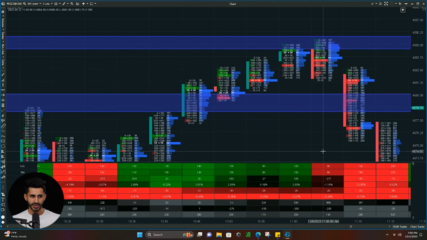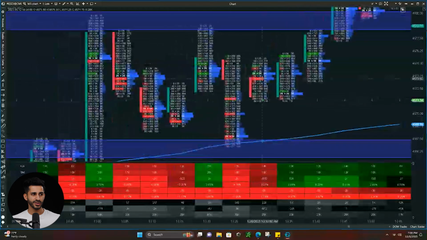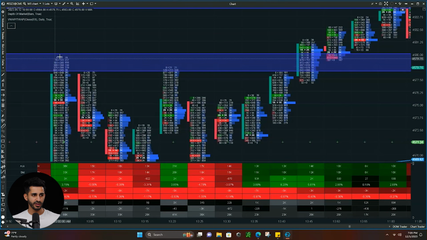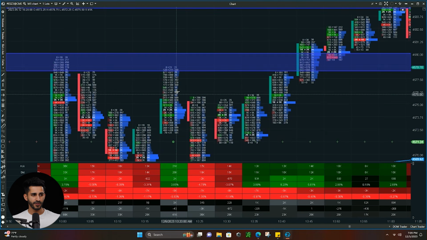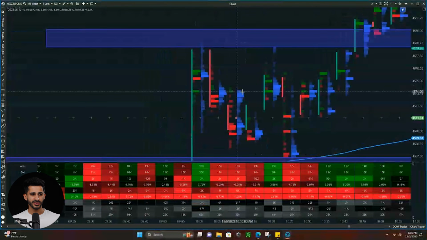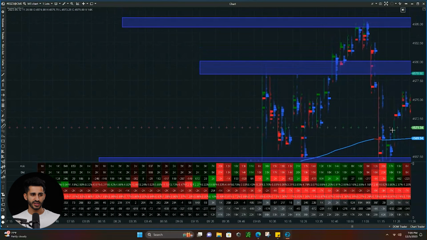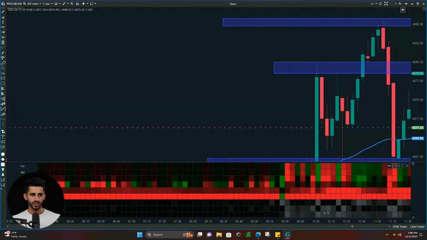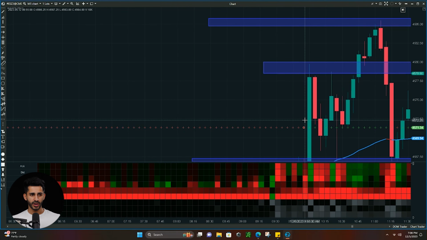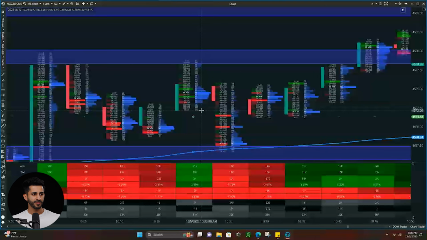and then we start rotating down. But even when we go into the second level, we start understanding what is happening, we identify these key levels, and you can see as we get to this key level, we look at this candle. The interesting thing about this candle is when we look at it as a basic candle, it's very interesting because we see this rejection. But when I go deeper into this candle, I can see that the most volume happened here.